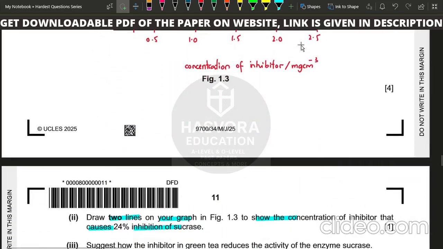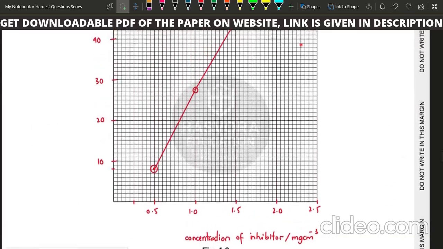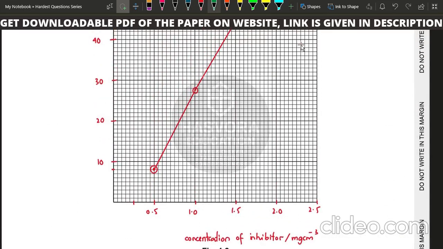So the concentration of the inhibitor at 24%. So 24 will be, let's draw it with another color. So it will be this, okay. This is 24, and we draw it with a dotted line to show the point. This is the point, okay, and then just trace it down to the x-axis.